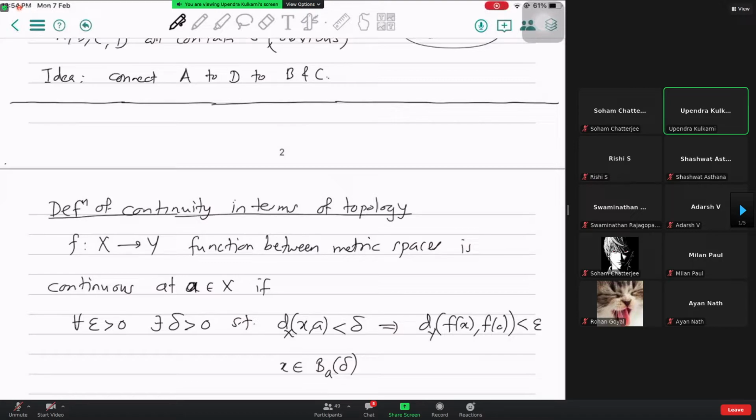All right. So this one is really synonymous to saying that x is in this ball.